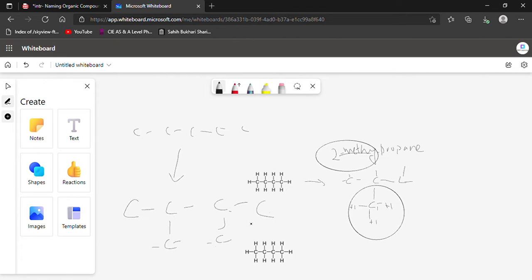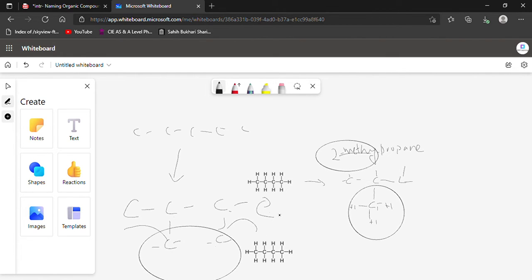First, you have to choose from which direction you want to count the carbons. In chemistry, we take the shortest route to the functional group or the shortest route to the alkyl. Here the shortest route could be this and this at the same time, because they're the same group.